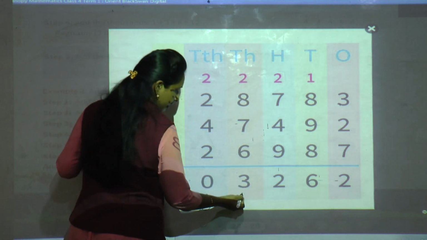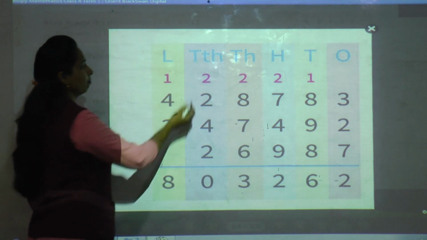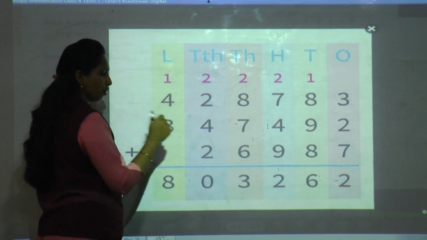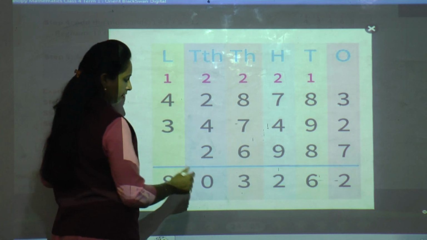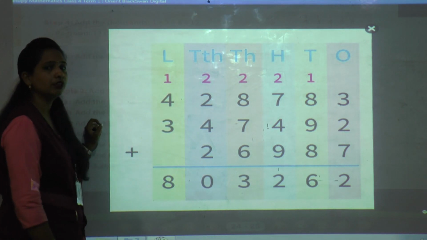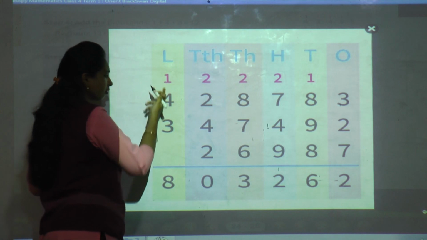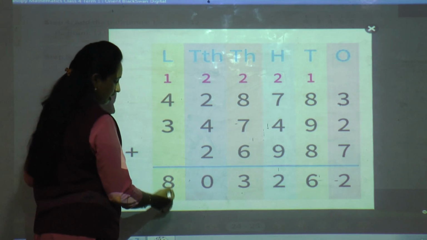So 3 we write on thousands place and 2 we carry to 10,000s place. Now 2 plus 2 is 4, 4 plus 4 is 8, 8 plus 2 is 10. 0 on 10,000s place and 1 we carry to lakhs place. 1 plus 4 is 5, 5 plus 3 is 8.